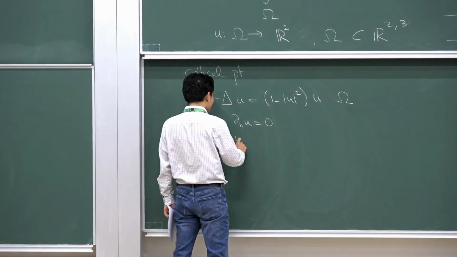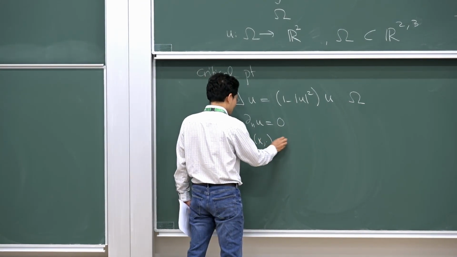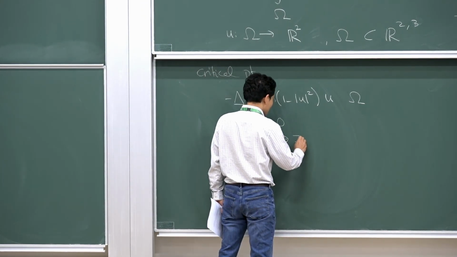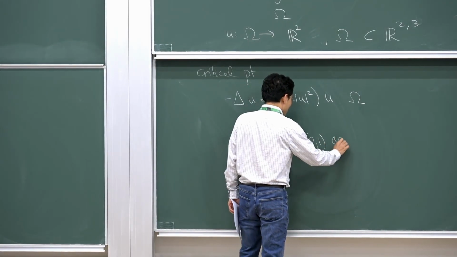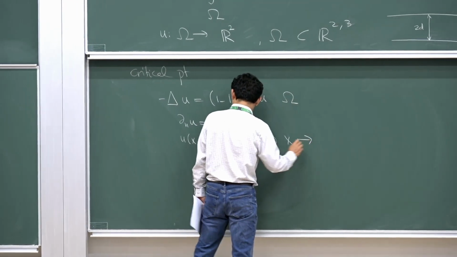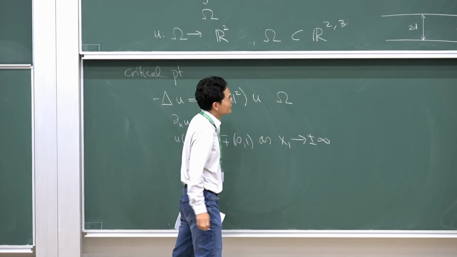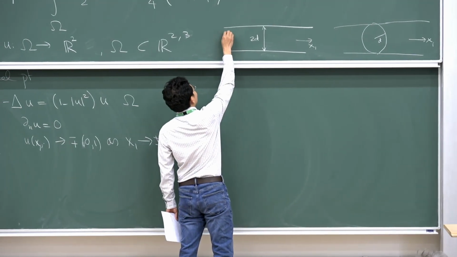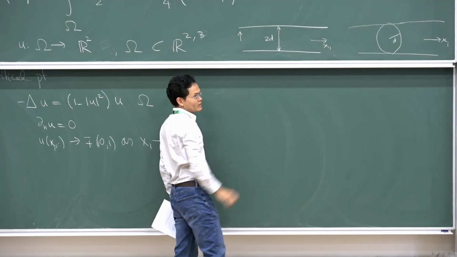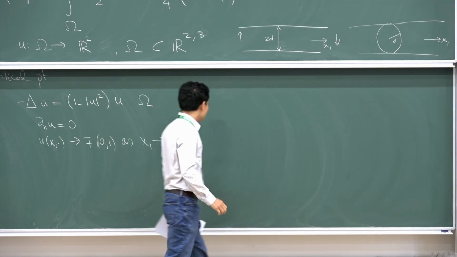And at infinity, I will impose that u of x will tend to minus plus (0, 1) as x1 tends to plus minus infinity. So basically, on this end here I want my map u to point this way, and at this end here I want it to point down this way.